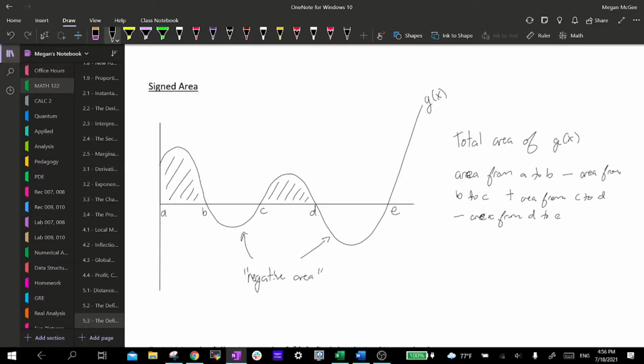Okay? So we're technically subtracting this area. The area itself isn't negative, but I think it helps to think of it that way. Okay?